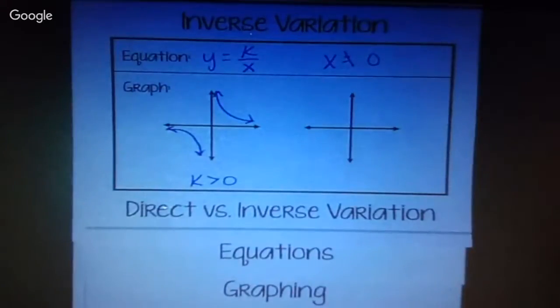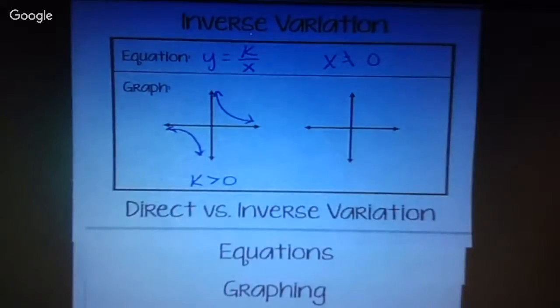It kind of splits into 2 pieces. Notice, it doesn't touch the y-axis, and it doesn't touch the x-axis. y will never be 0. x will never be 0. So these are what we call asymptotes. You will get more into that in Math 3.